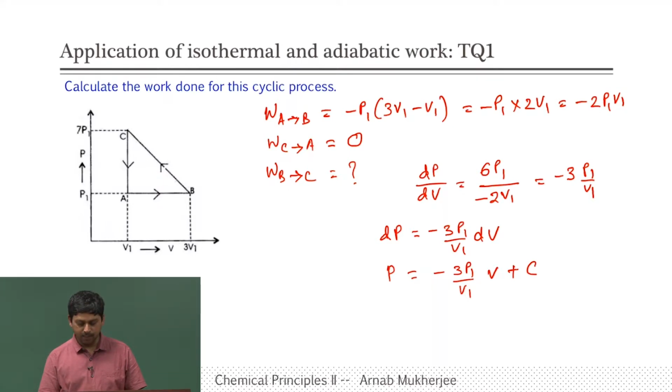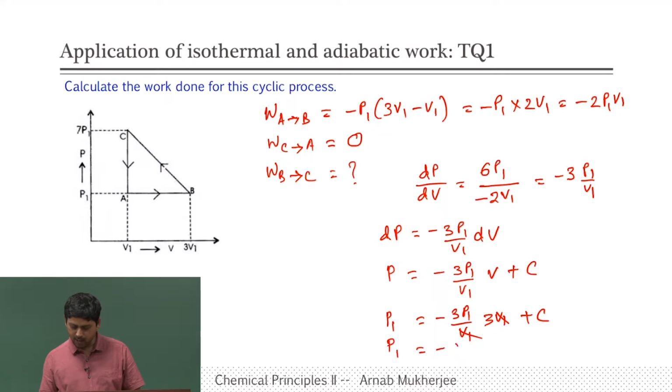Let us take the point B. At B the pressure is P1, so I write P1 equals minus 3 P1 by V1, and the volume at B is 3 V1, so 3 V1 plus C. The V1 cancels, it gives us P1 equals minus 9 P1 plus C, which gives us C equal to 10 P1.